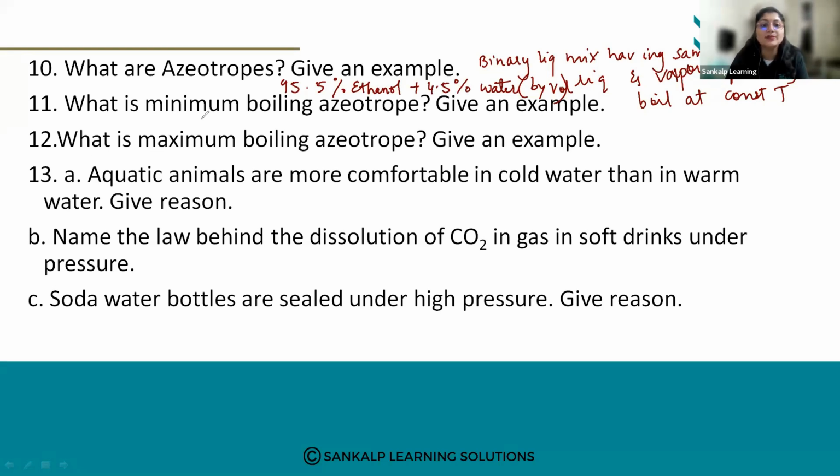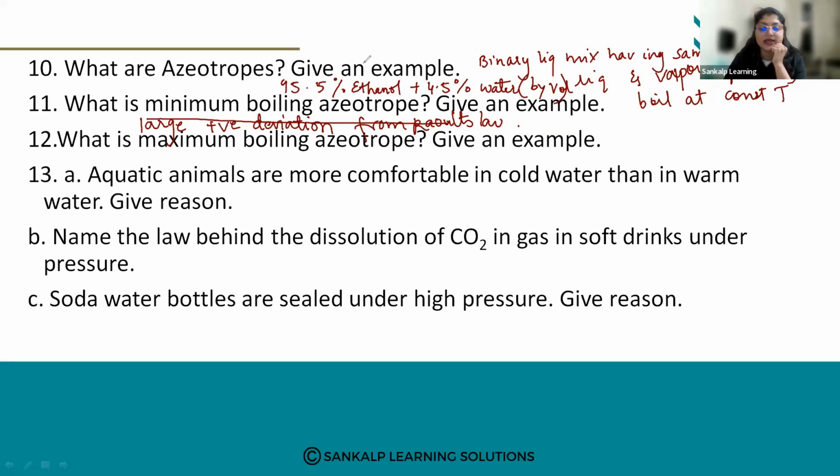Next is, what is minimum boiling azeotrope? Give an example. The solutions which show large positive deviations from Raoult's law at a specific composition are called minimum boiling azeotrope.